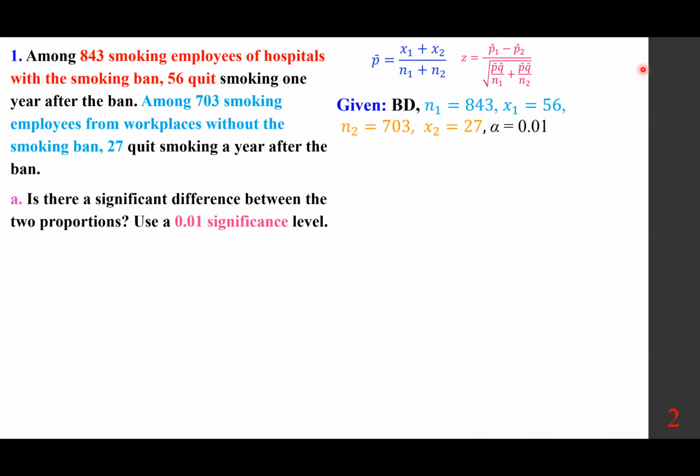For example, we need p1 hat, which is x1 over n1. We need p2 hat, which is x2 over n2. We need p bar, which is the sum of x1 and x2 over the sum of n1 and n2, this formula.